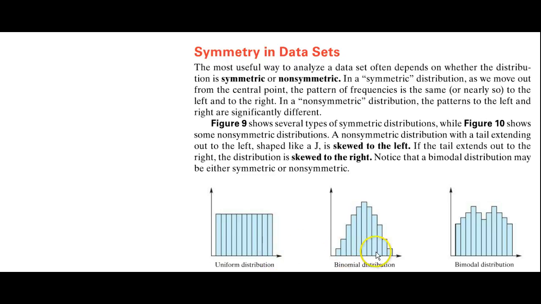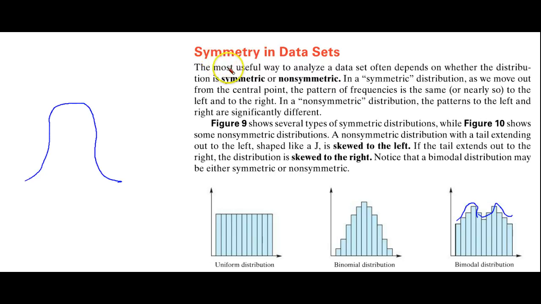Now in this second one, and I'm surprised they don't use the word that we used to use, and that is, you remember the shape of a bell, and we talk about a bell-shaped curve, this would be binomial distribution. This is sort of like in the shape of a bell. This would be bimodal distribution, sort of have two bells there.